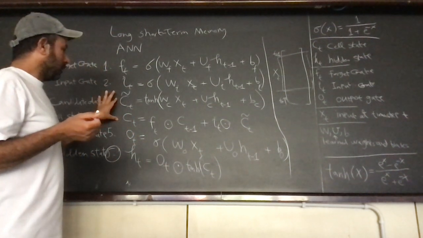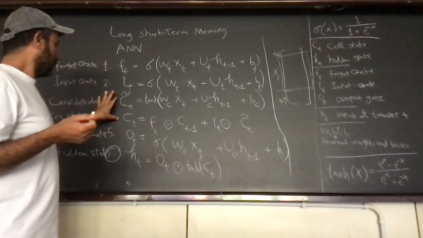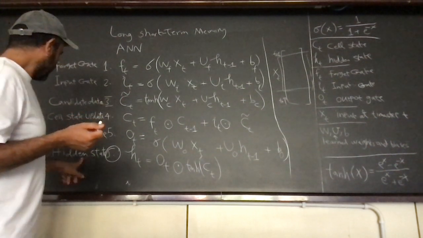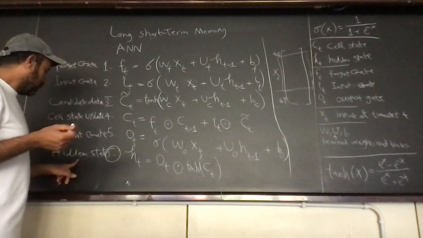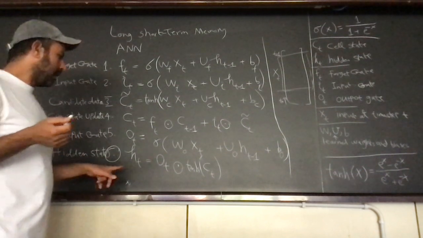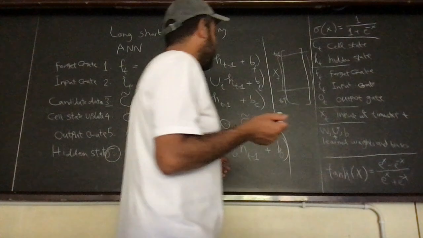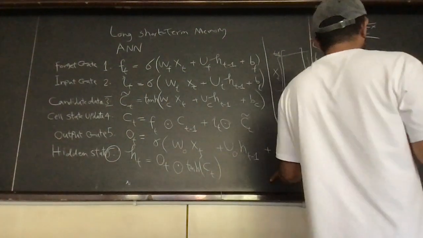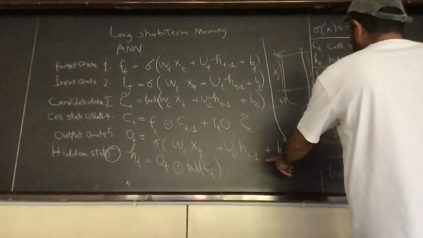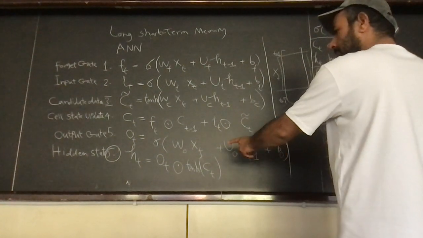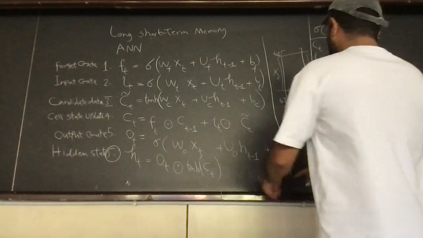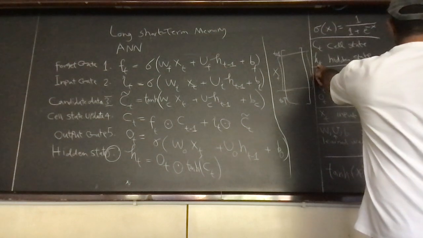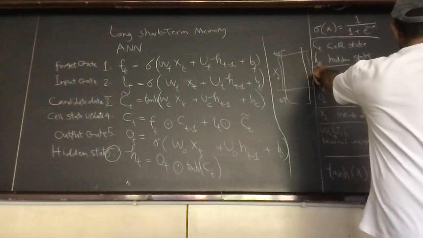So these are the most important equations, as well as equation number 6, which is the hidden state. The hidden state, as we have said, is a filtered version of the cell state.